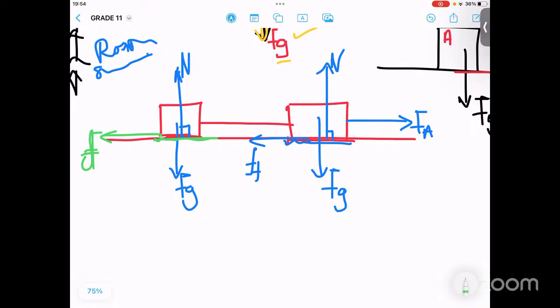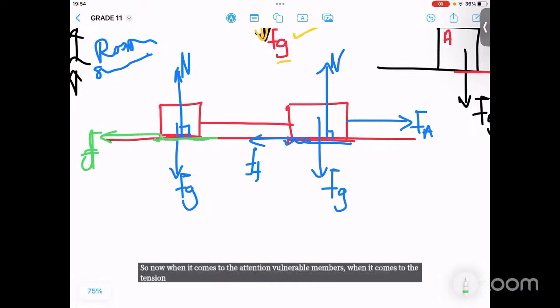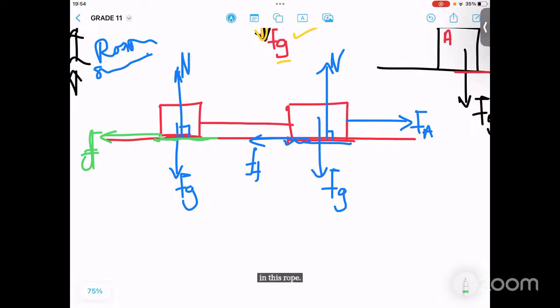So now, when it comes to the tension, honorable members, you just know that in this rope, there are forces in opposite directions. There is this one in that direction, and then another one in that direction. That's how we say this rope is experiencing the tension.